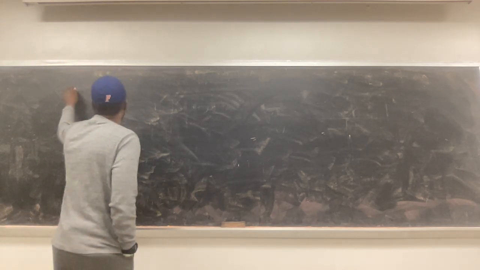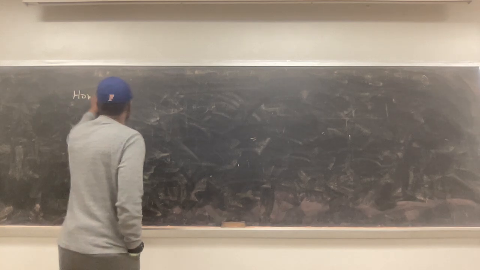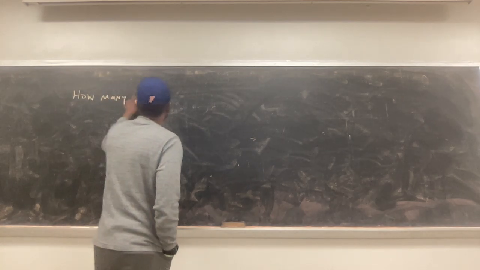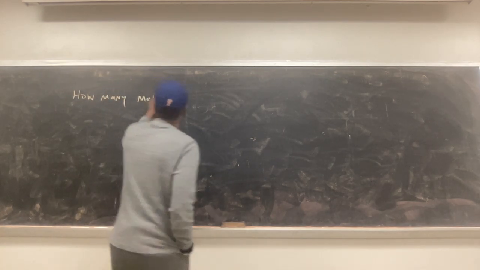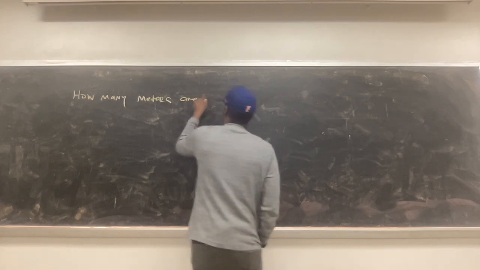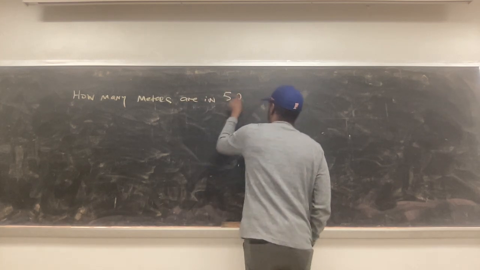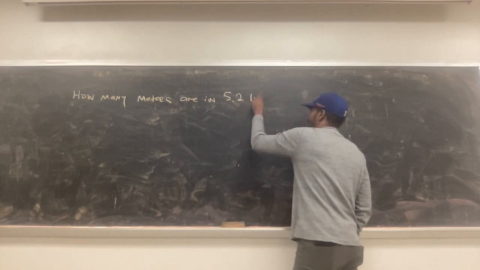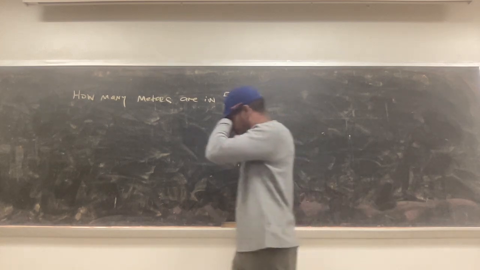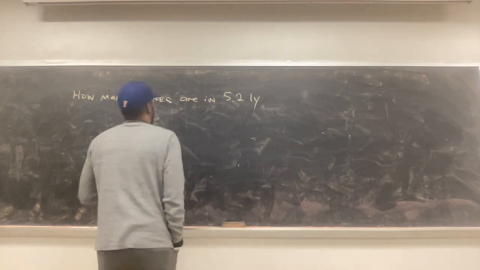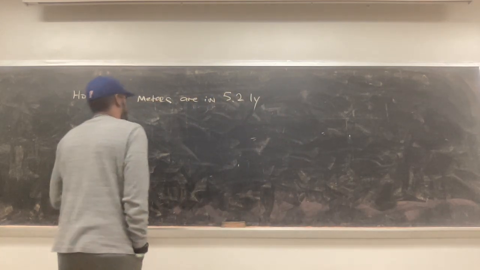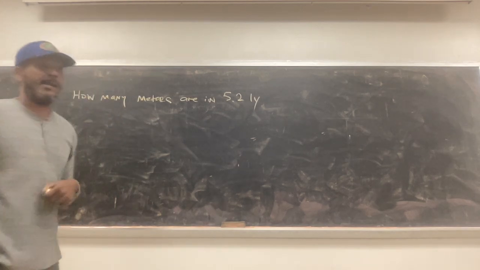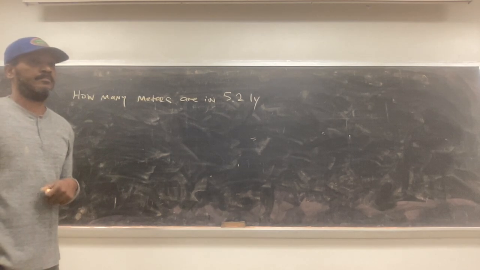And what it gave me was that 1 light year is 2.998 times 10 to the 8 meters per second.